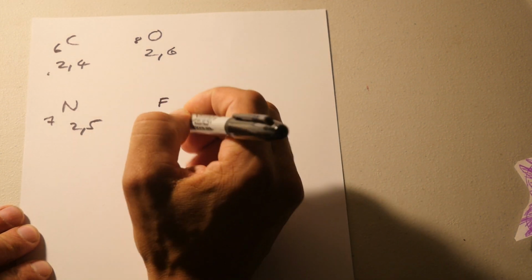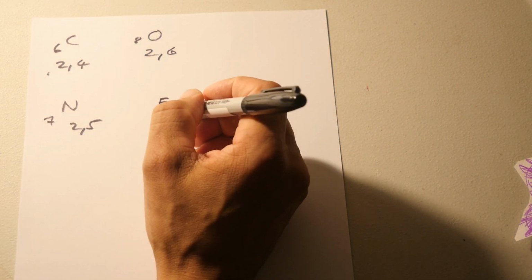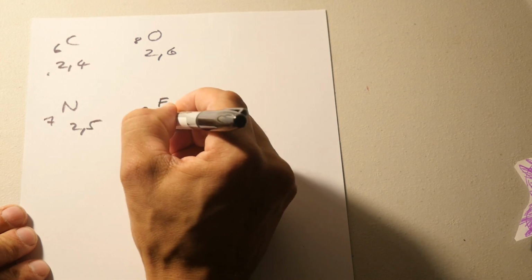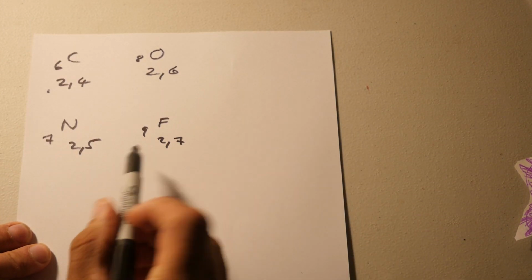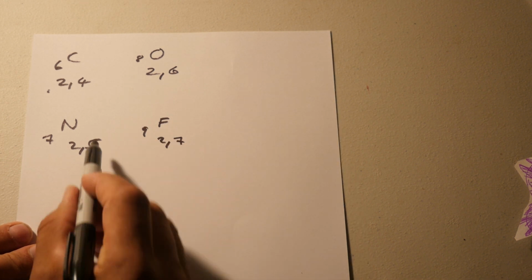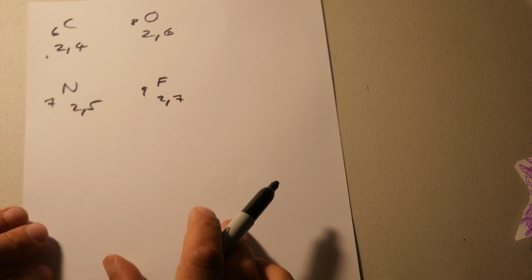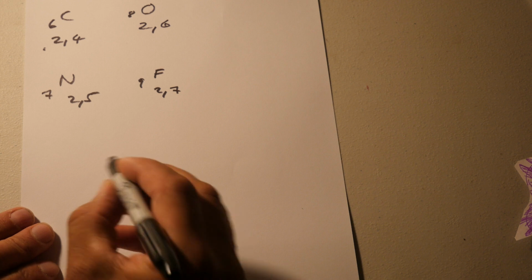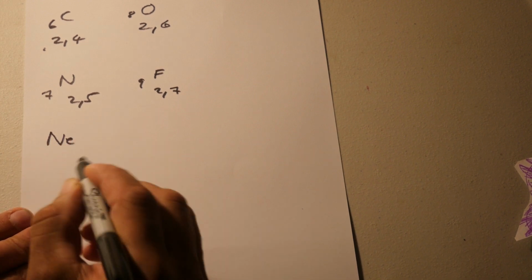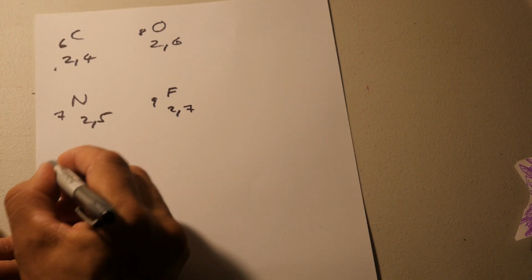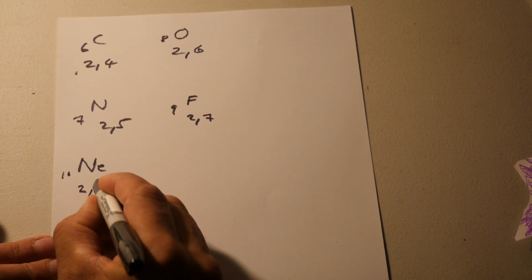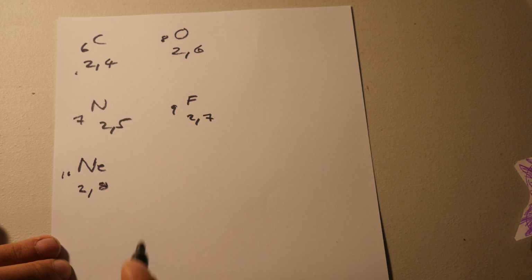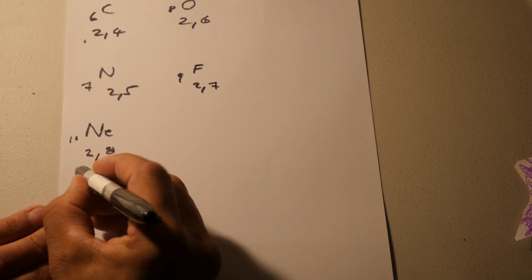Fluorine has 9. So first shell is 2 and the second one is 7. 7 plus 2 is 9, okay? And then neon, the inert gas, is 10. So the first shell is 2 and the second shell is 8. Okay, they're both completely full up.